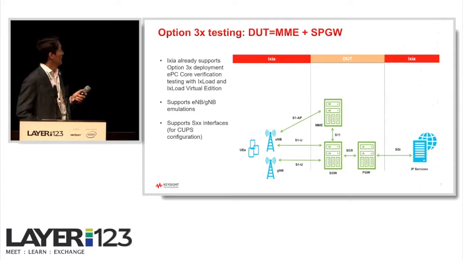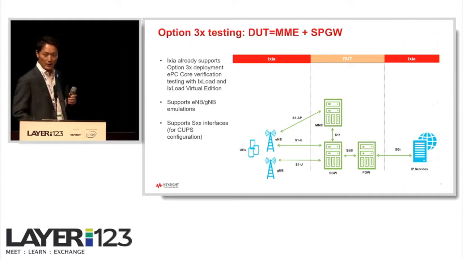Okay? And we have expanded this IXLoad to support the initial implementation of 5G, which is what we call the CUPS integration. This is a very, very important subject in 5G development, in that there has to be some kind of horizontal scaling on the user plane side as well as the control plane side.